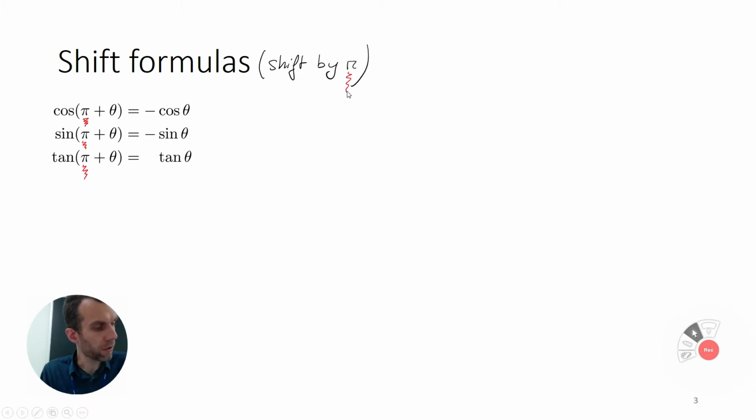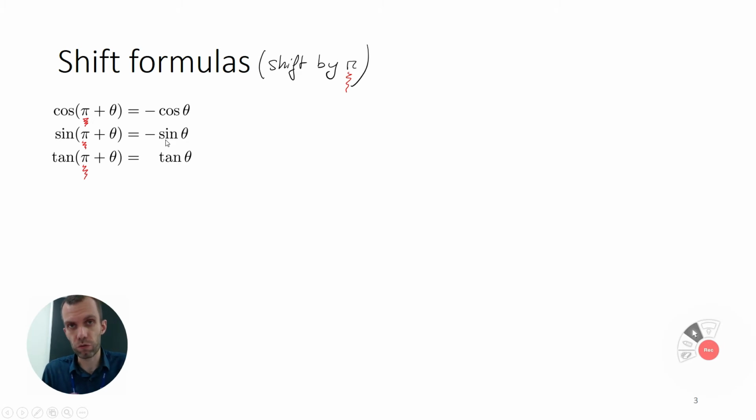If you look at the formulas in a little bit of detail, what they basically tell you is, if you take an angle, you increase it by pi, and you compute the cosine or the sine or the tan, what does that tell you in terms of cosine of theta, sine of theta, and tangent of theta? And what you see is that shifting by pi almost gives you back the same trigonometric function, but the sign changes for cosine and sine.